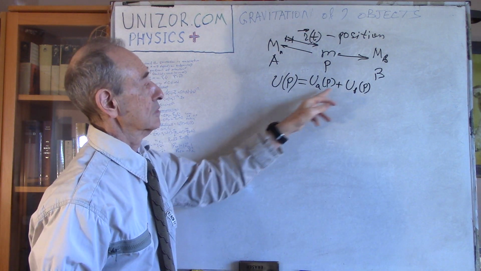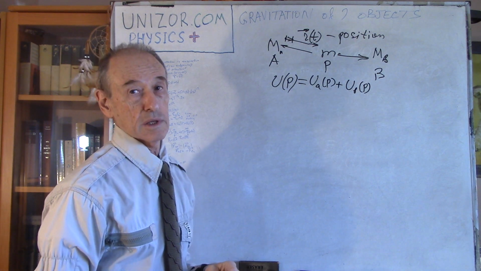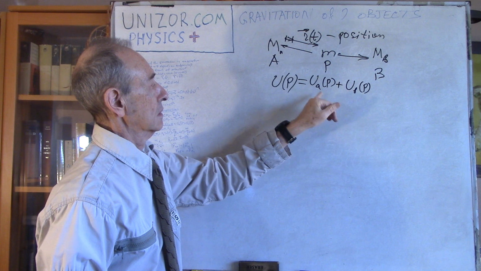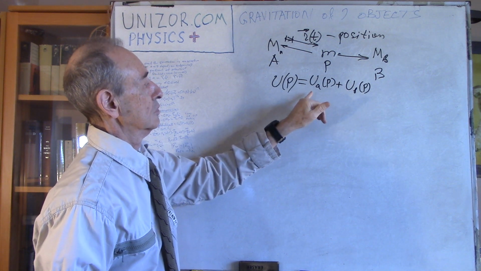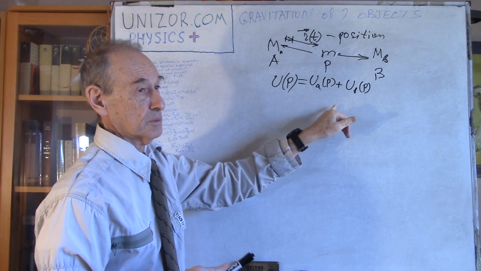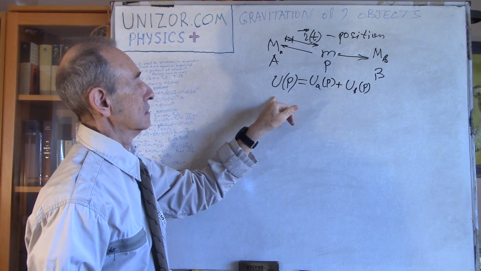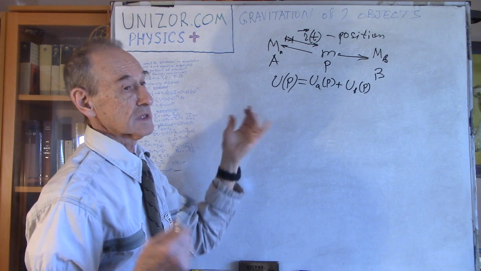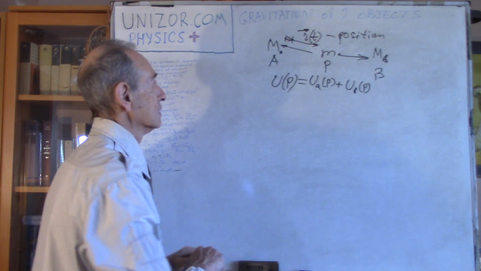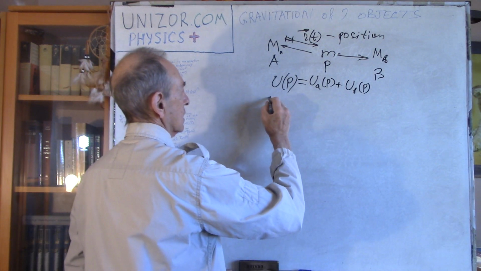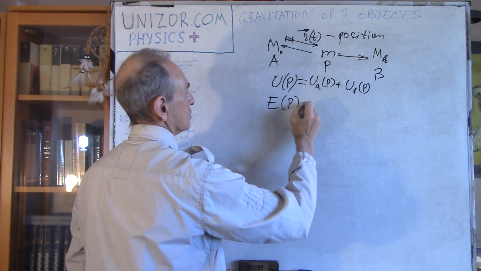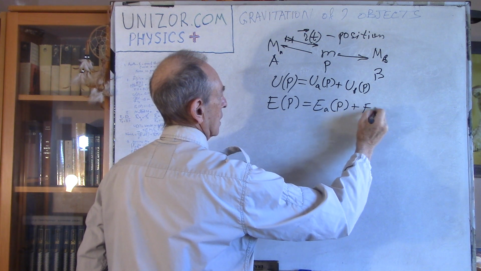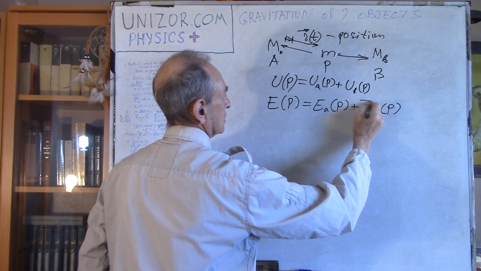So if you add these partial potentials together, you get the total potential. Differentiating this gives you the equivalent intensity. Intensity is also related to these, and these are vectors.